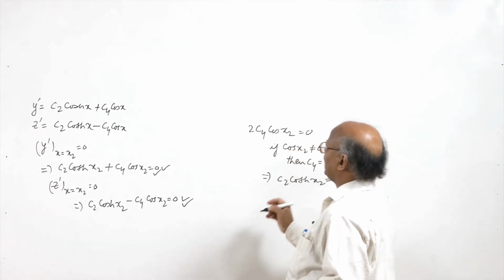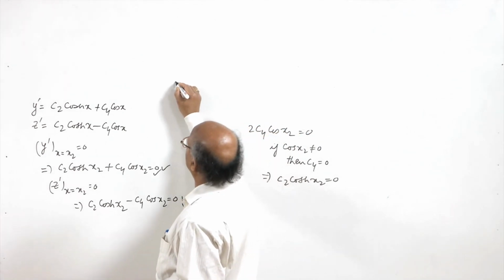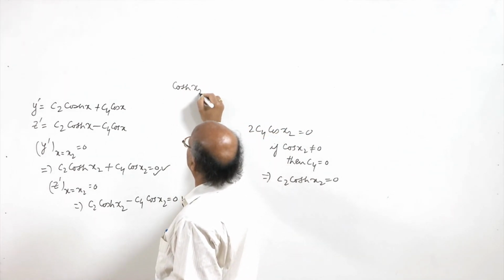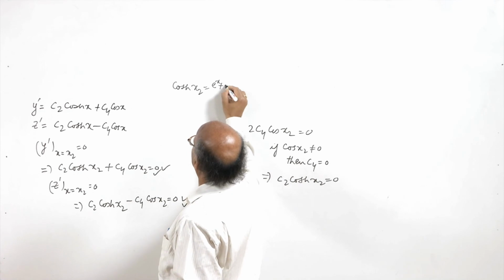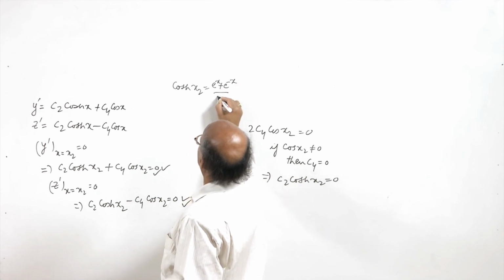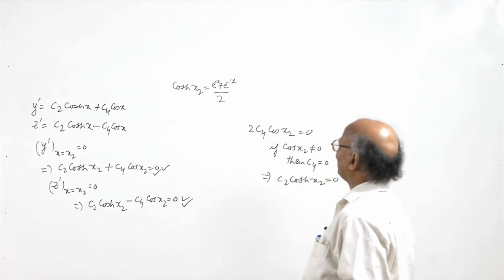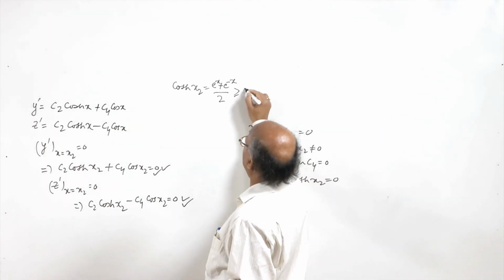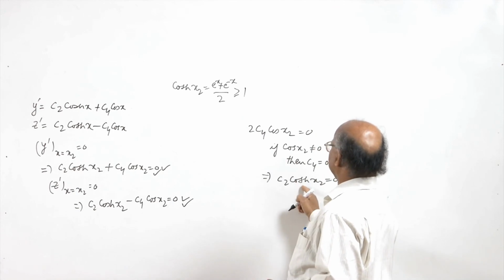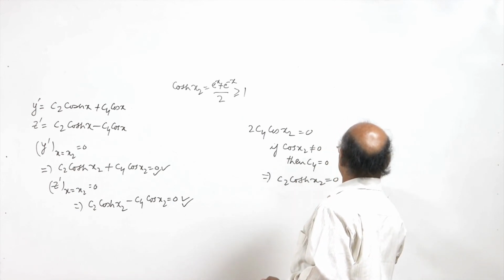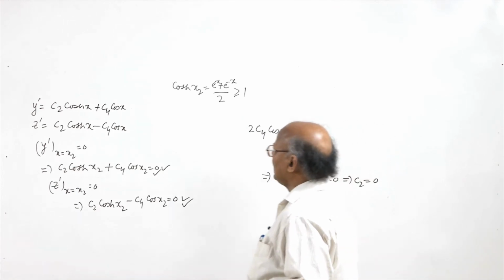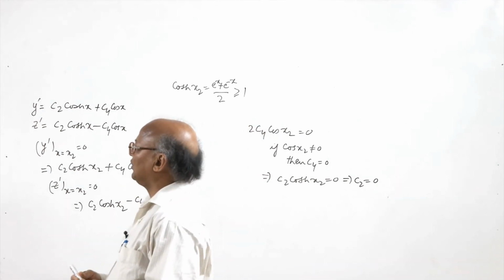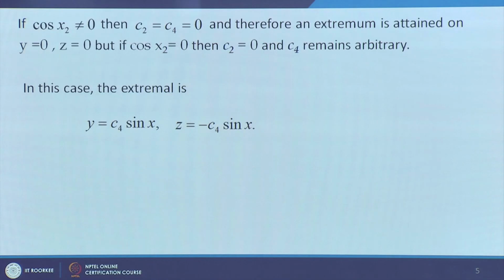Now cosh x2 is equal to (e to the power x plus e to the power minus x) by 2. So it is always greater than or equal to 1, and therefore this is never 0. So this implies C2 is equal to 0. Now C2 and C4 are 0. So therefore extremum is attained on y equal to 0, z equal to 0.